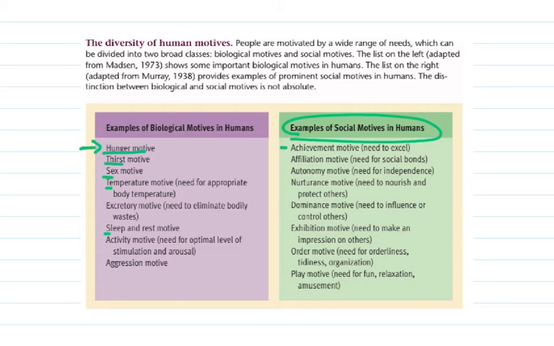Then you have the affiliation motive, the need to form social bonds. Then the autonomy motive, the need for independence. The order motive, the need for orderliness, tidiness, organization. So all of these different motives do exist in human beings. Obviously, they exist to certain or differing levels in different individuals.